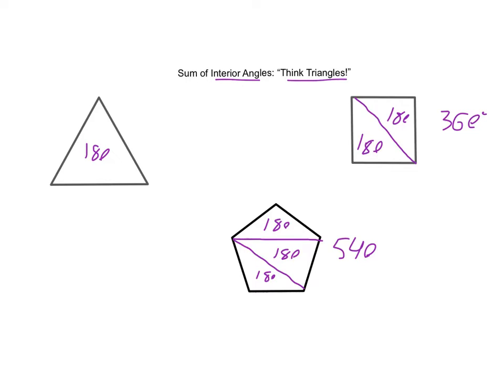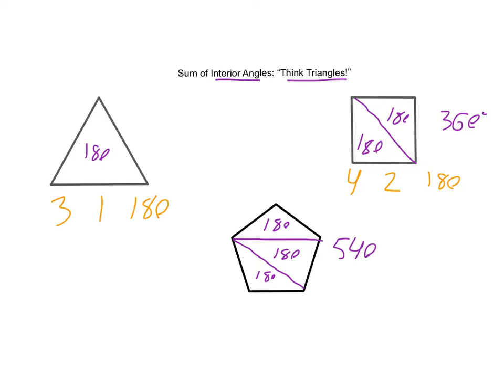Now, going back to our first triangle, in a three-sided figure, we're able to produce one triangle, and that one triangle has a degree measurement of 180 degrees. In a square, we have four sides that make two triangles, and each triangle has a measurement of 180 degrees, which we multiply by 2, the number of triangles, to get our 360.